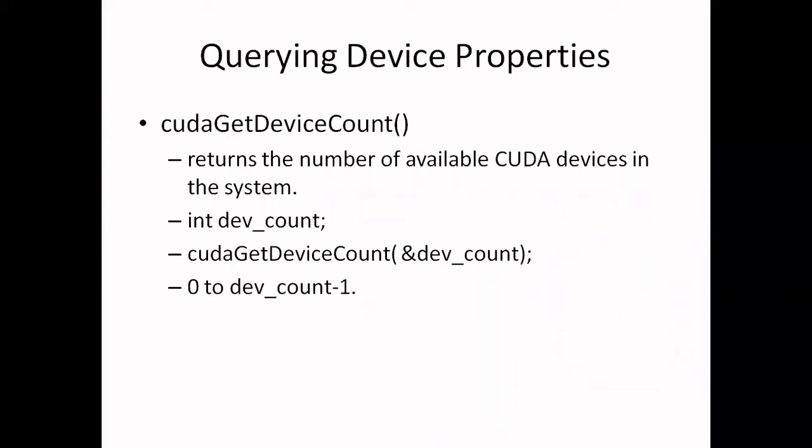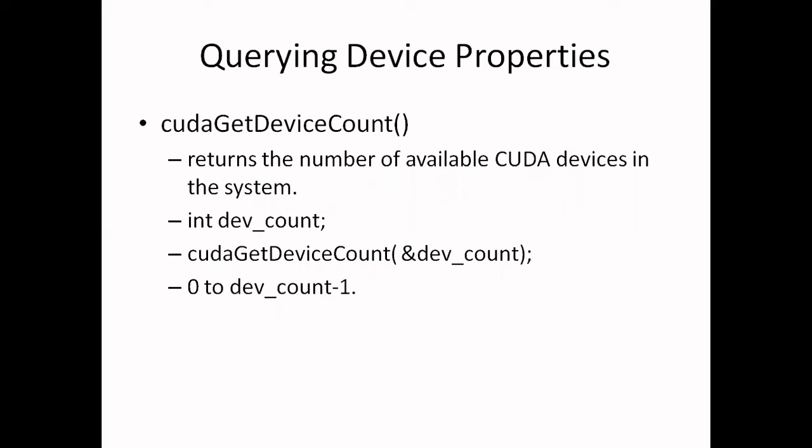The first function we are going through is cudaGetDeviceCount. This cudaGetDeviceCount will help you in finding the number of CUDA devices on your system. If you use it, it will tell you how many CUDA devices we have.